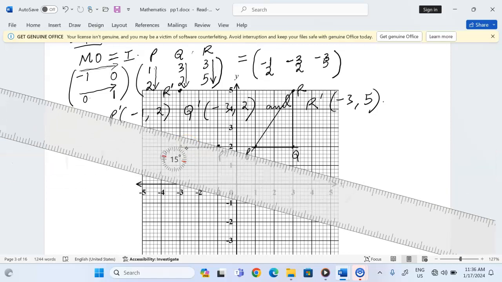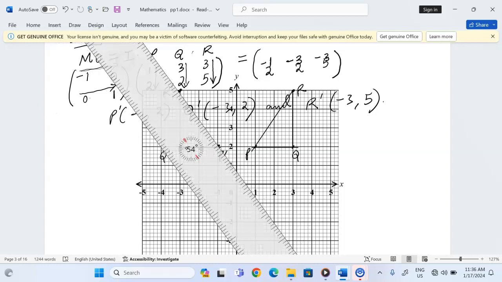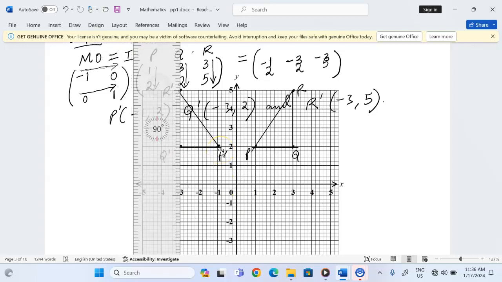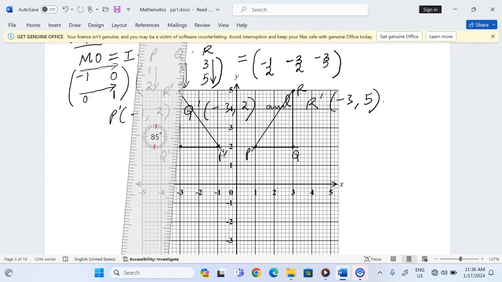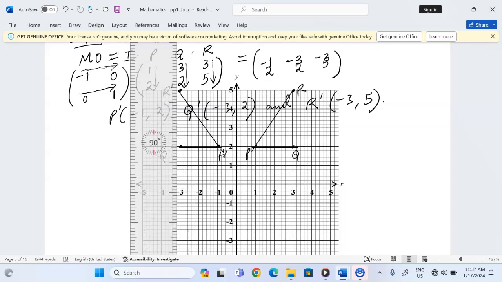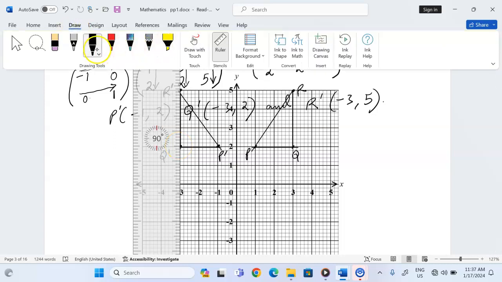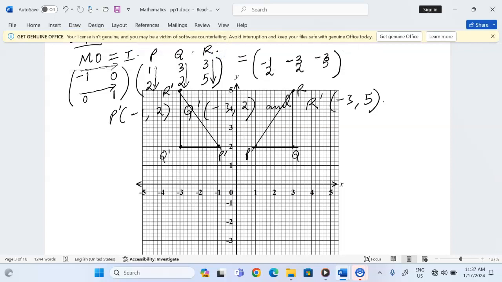Then I also join R and P, the images, connected like that. And finally, we can have RQ connected like that. Now we have our two triangles. This is the object, this one is the image.